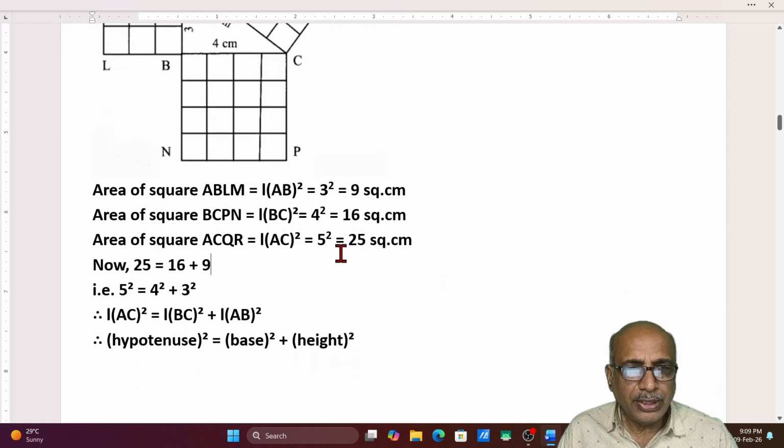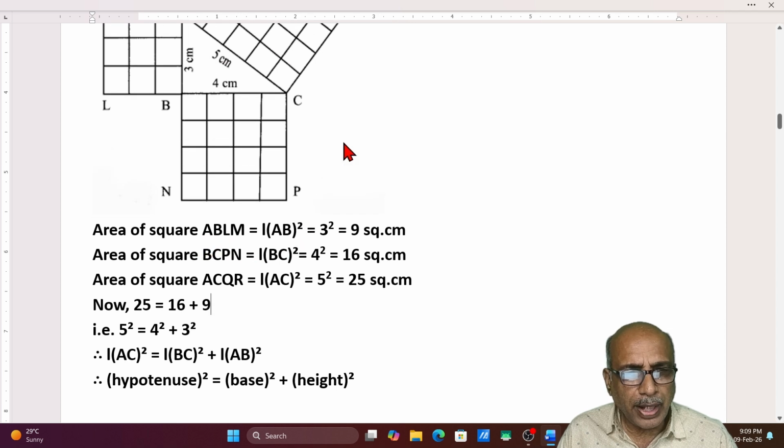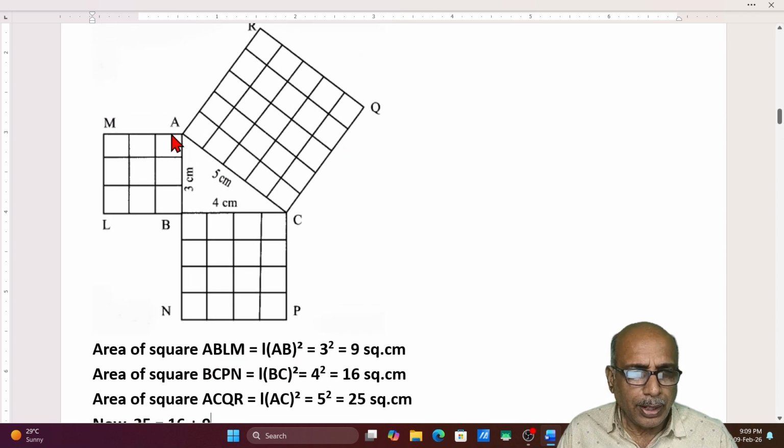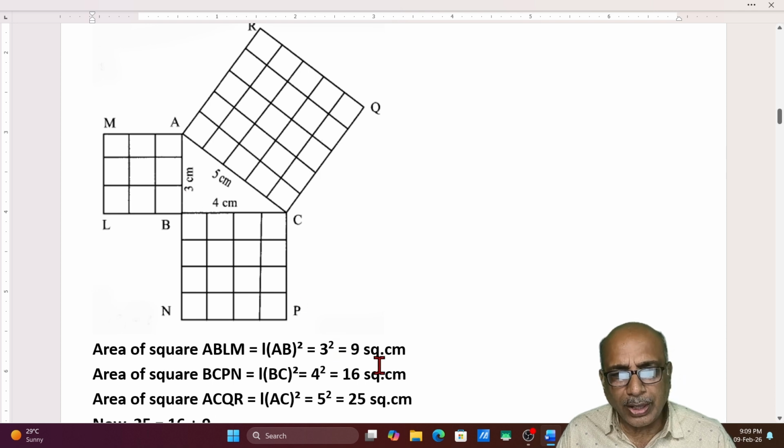Now here you will see area of square ABLM equals AB square, that is 3 square equals 9 square centimeter. You can count the 9 boxes here. Similarly, BC square equals 4 square this side.